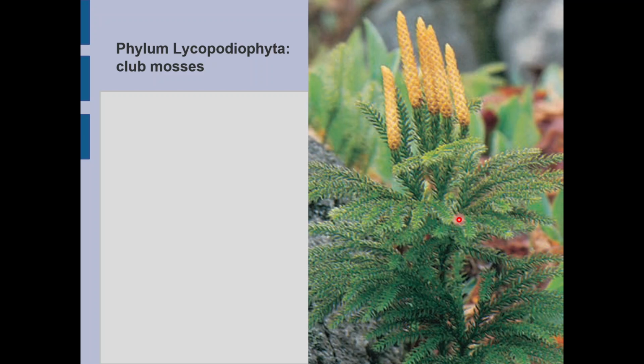Sporangia are borne on fertile leaves that are either clustered in cone-like strobili, so this is cone-like strobili, usually at the tip of the stems, or scattered in reproductive areas along the stem. Club mosses are evergreen and often fashioned into Christmas trees and some decorations.